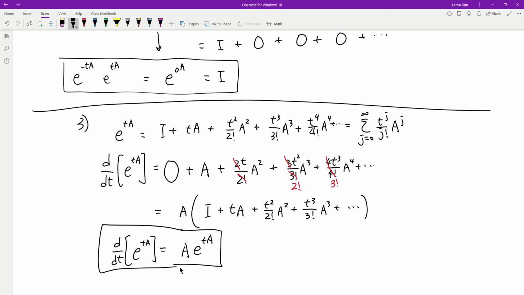Now, I also worked out the summation, if you want to think about what happened to the summation. If I take the derivative of this summation right here, notice that doesn't change the summation, because a summation is just adding a whole bunch of things together.